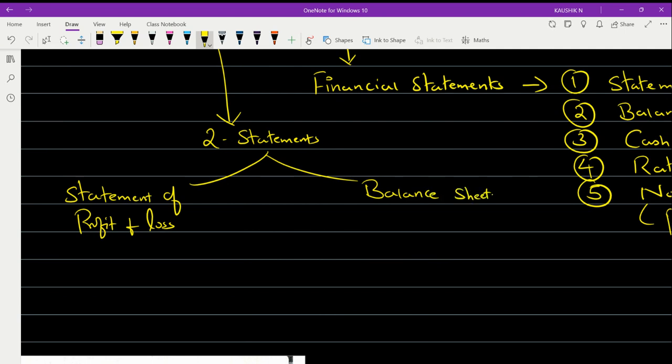These are the only two financial statements which can be compared. You can do a comparative statement for P&L as well as for your balance sheet.